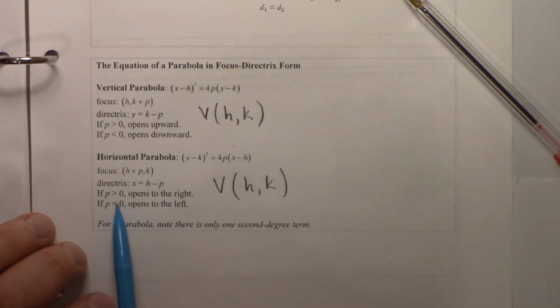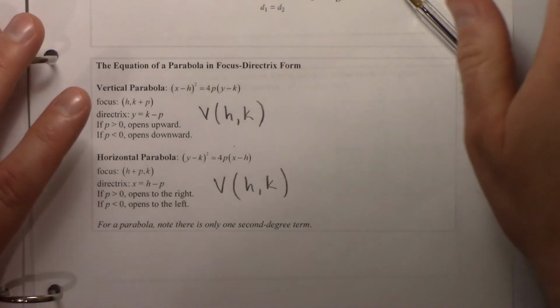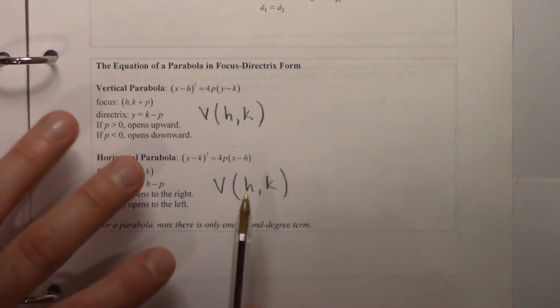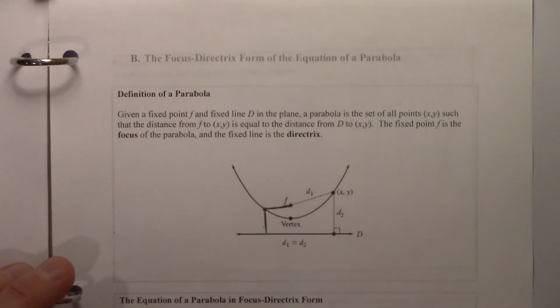If that p number is positive, we're going to open to the right. If p is negative, we're going to open to the left. And again, for a parabola, note there's only one second degree term. There's only one variable that's being squared. So let's turn over, and I'm going to show you a couple of examples because I know that's a lot of information, and we want to make sure we understand everything that's going on.